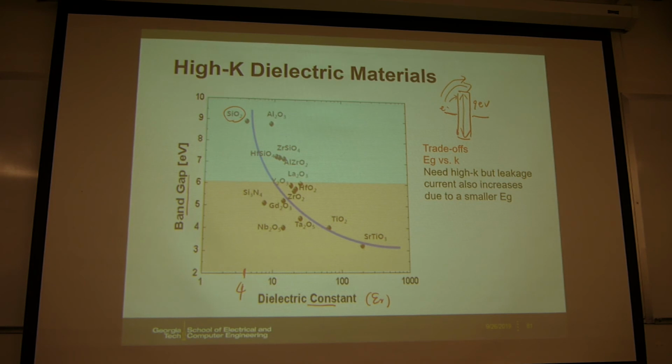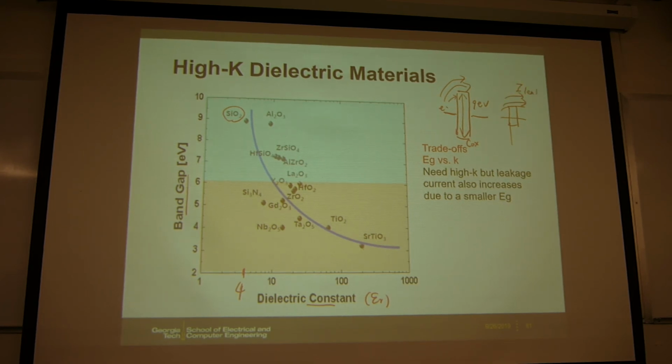So if you use higher K value, yes, the C is larger, but at the same time you have more leakage current. I leak will go up. So this is not good, because you know DRAM, we care about the retention, right?